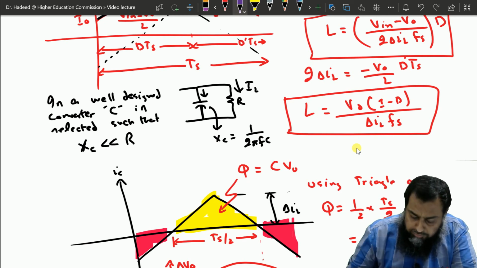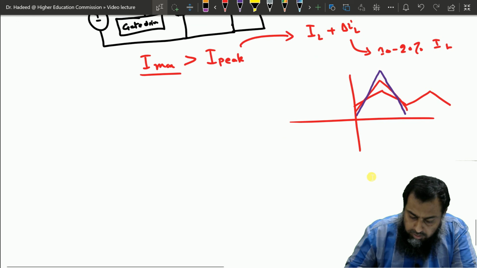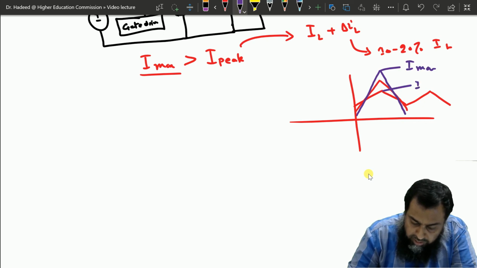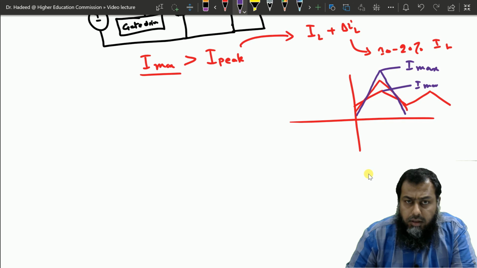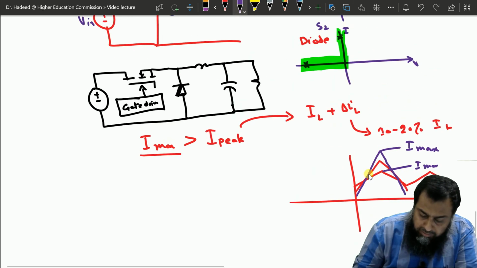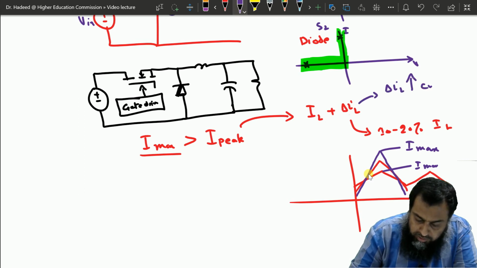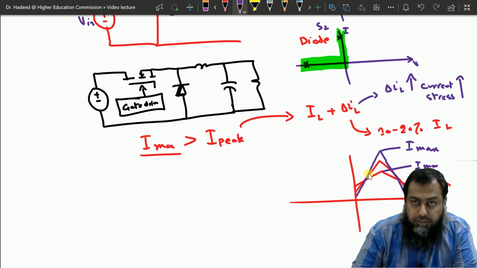But as a downside, if you increase this delta IL, the peak current or the maximum current rating is increased, because there is a difference between this one and this one. Therefore, by increasing this current ripple, if delta IL is large, then the current stress on the power switches is large.